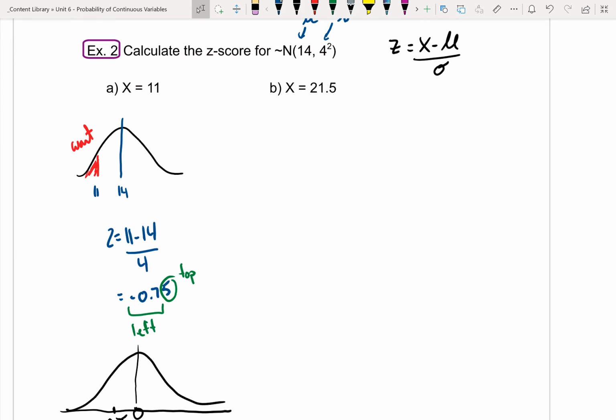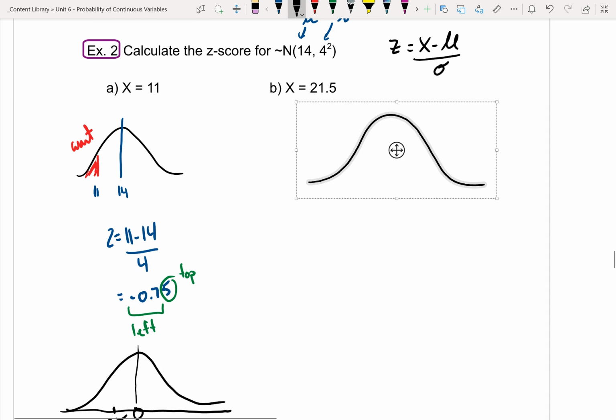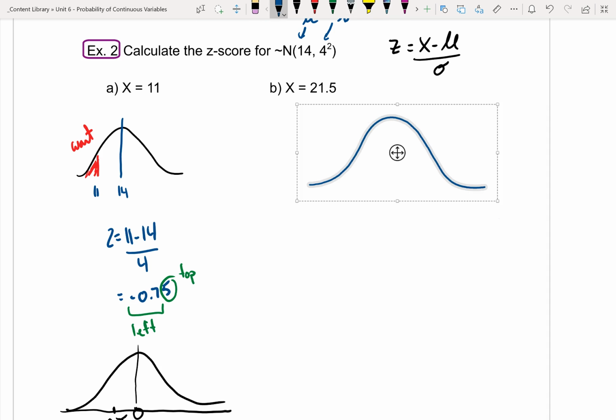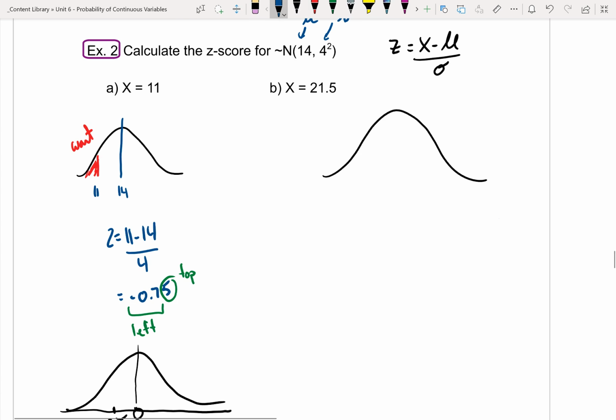If I look at my next example with a data value of 21.5, again, I draw my normal distribution, and I have my mean in the middle, which is 14, and I'm looking for a score that is 21.5.